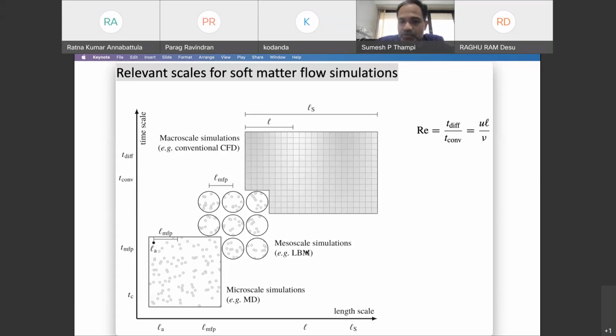And the Lattice Boltzmann technique is a suitable technique for that. There are many other methods as well which are used typically in the mesoscale. For this mesoscale simulation, I find Lattice Boltzmann quite useful for flow of soft matter because it seems to work well for several systems.